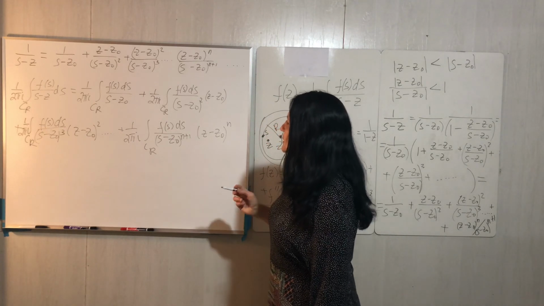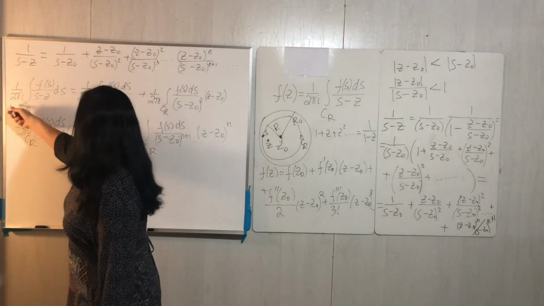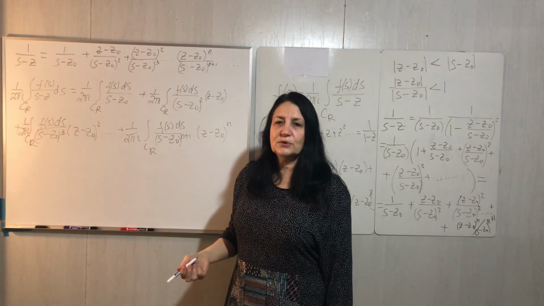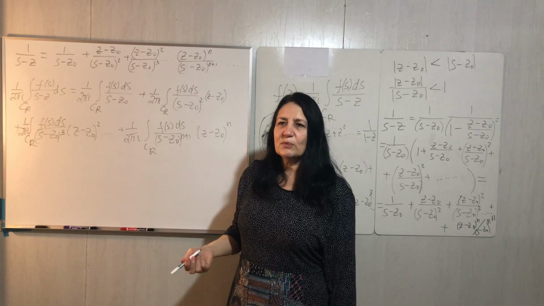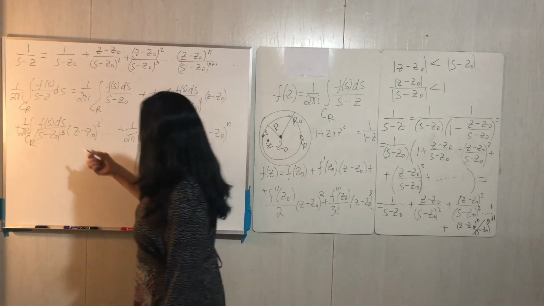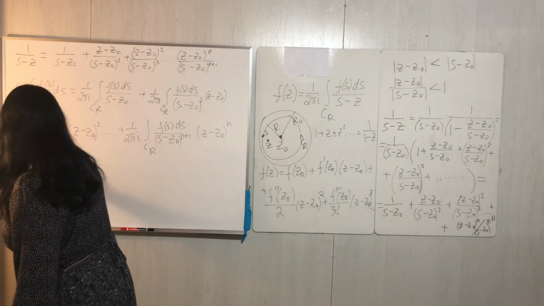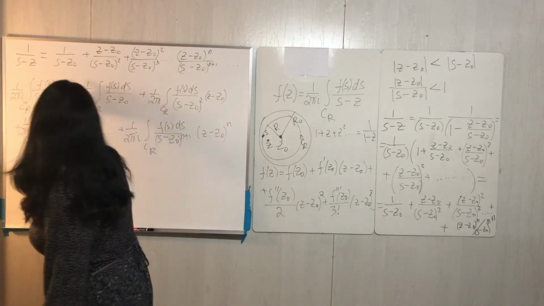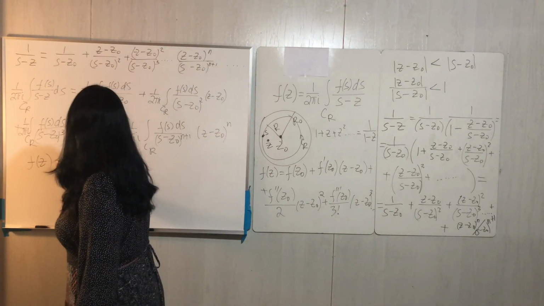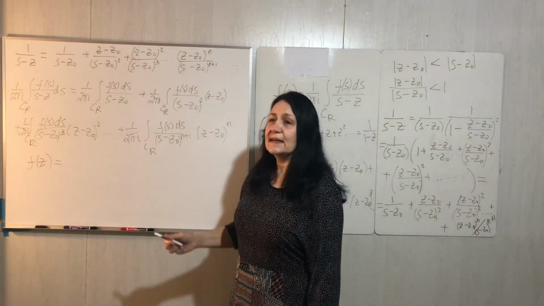And now let's look, what do we have? If you look at this part, then according to Cauchy's integral formula, we will have just f of z. So we have f of z in the left hand side. Let's see what we have in the right hand side.